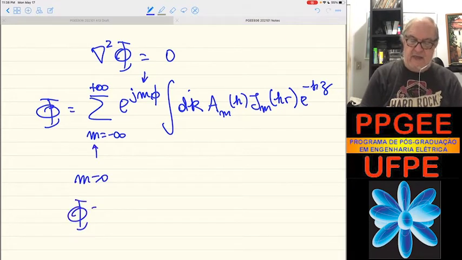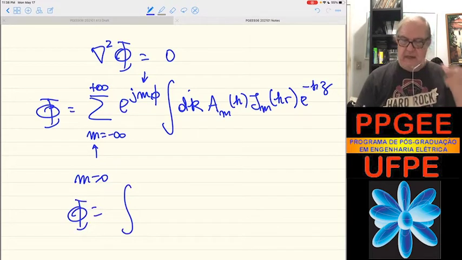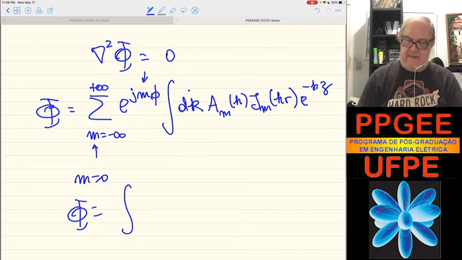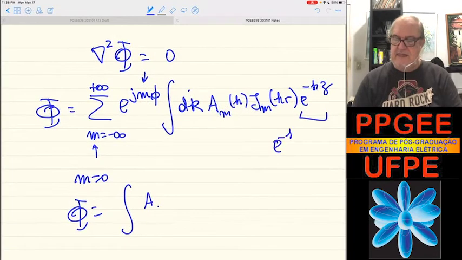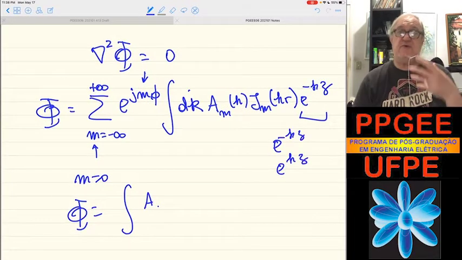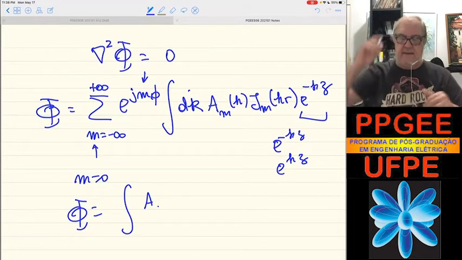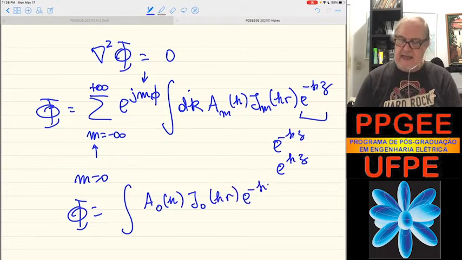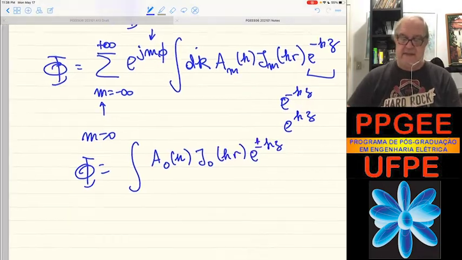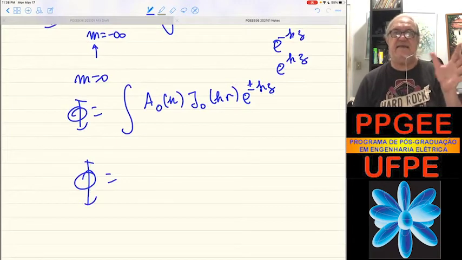So phi equals a Fourier-Bessel integral, something like this, A_m of k. I can have combinations of these functions: exponential of minus kz, or exponential of kz. I have to use the proper solution that doesn't blow up if I have an unlimited domain. So I would have A_0 of k, J_0 of kr, exponential of minus kz, or plus. So the function can always be expanded when you don't have azimuthal dependence.